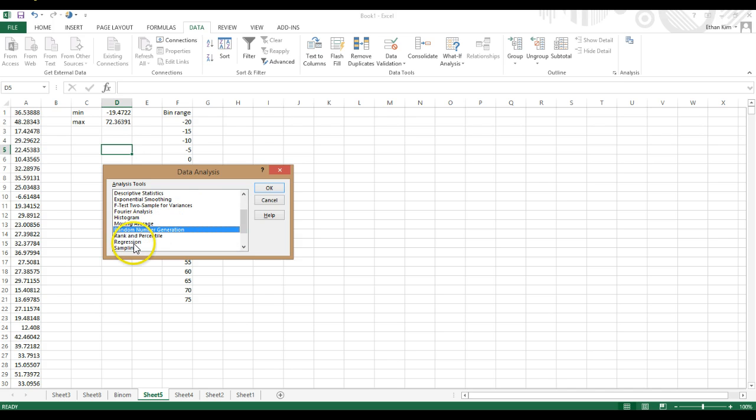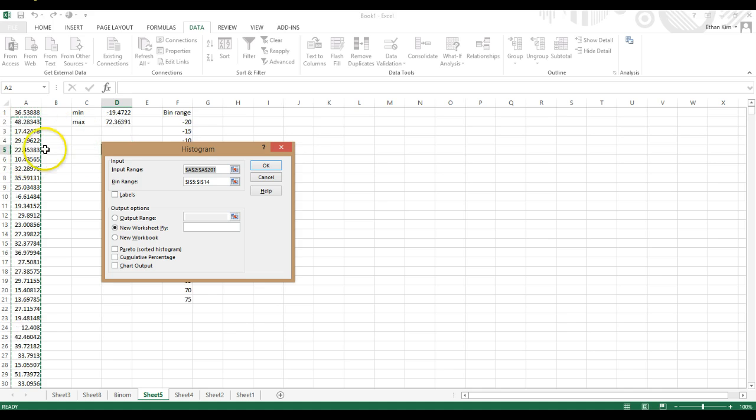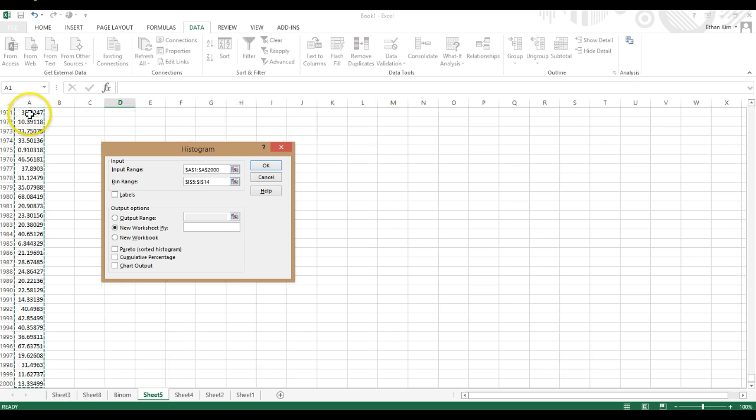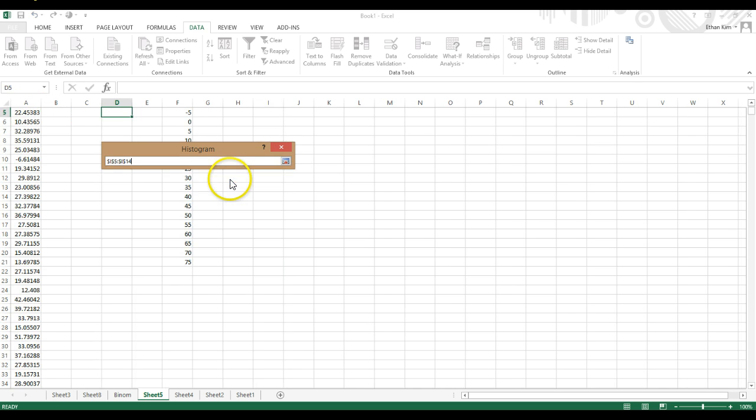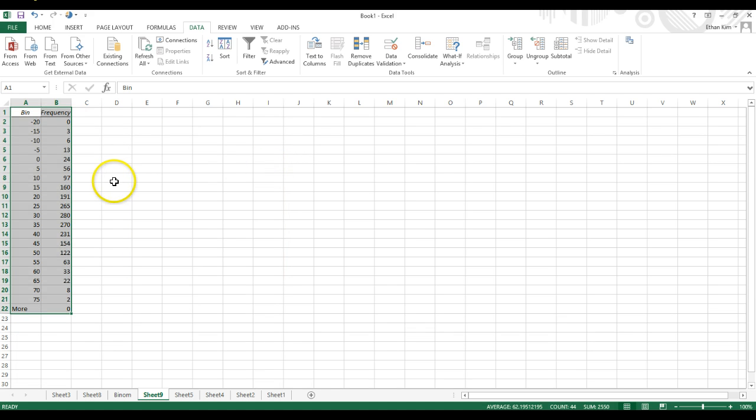Let's go to Histogram. Right, so the input range is already in, and we just have to add one more. Okay, and the bin range is this, right? And select OK, and it's going to give you the frequency and everything, right?